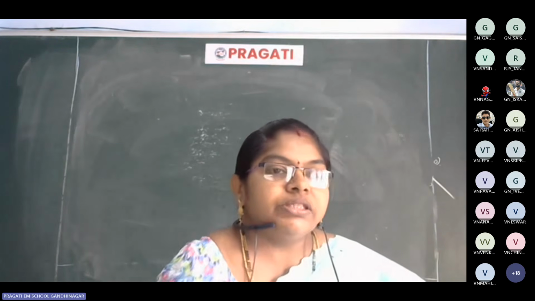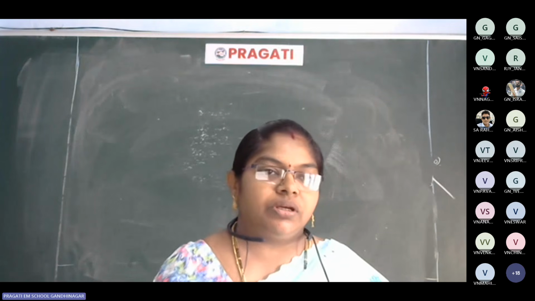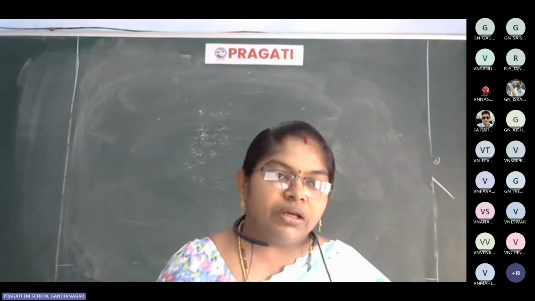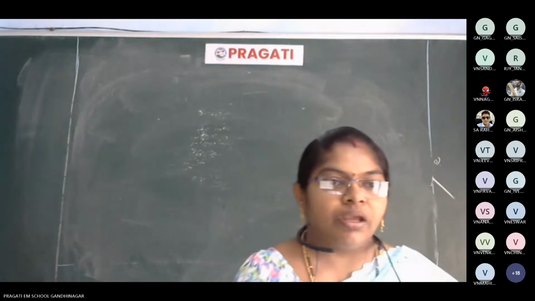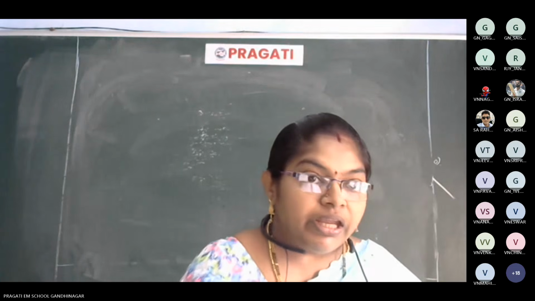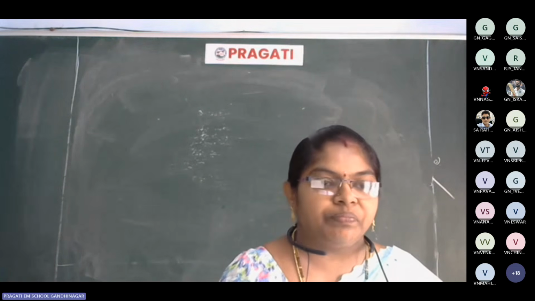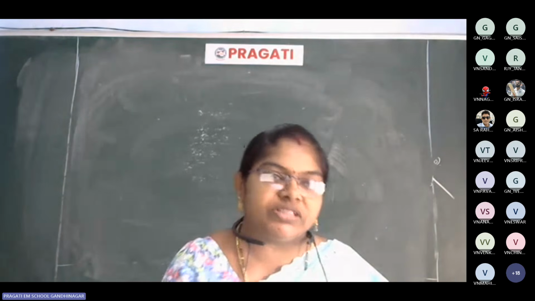See, Veena is unable to see the blackboard from the first bench. From the first bench means she cannot see nearer objects. Which defect? Hypermetropia. Hypermetropia people can see only far objects, cannot see nearer objects.